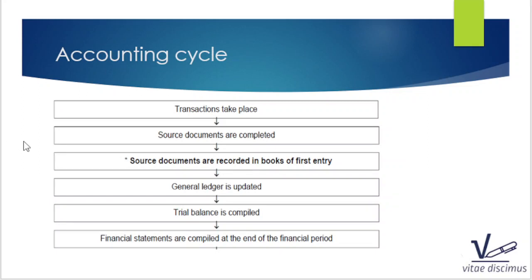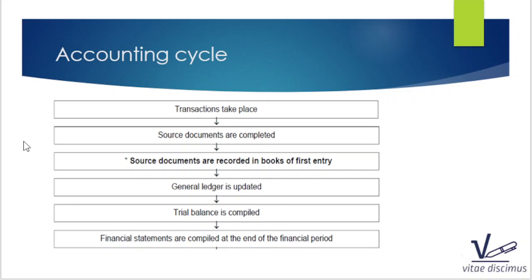With regards to the accounting cycle, this just provides a flow of accounting activities in an entity. When transactions happen, the description and the monetary value of the transaction are recorded on a source document.